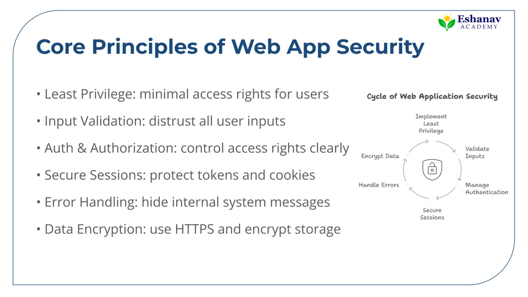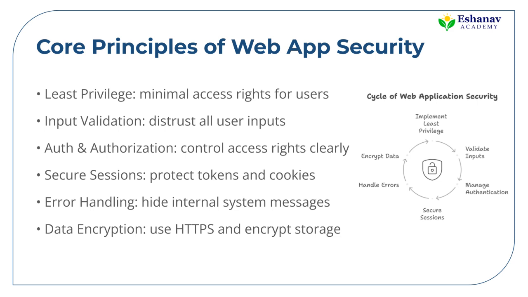The best defense is a smart design. Let's walk through 6 foundational principles that guide secure web development. First, least privilege means no one gets more access than they need, not even admins. Next, input validation. Always assume user input is suspicious until proven safe. Then there's authentication and authorization.